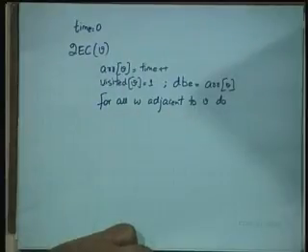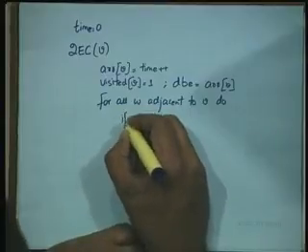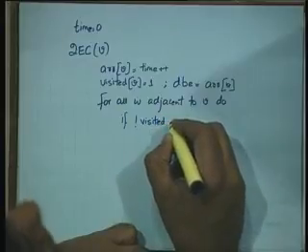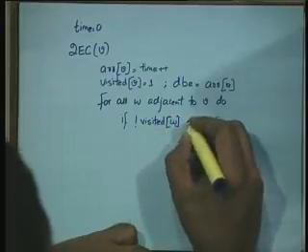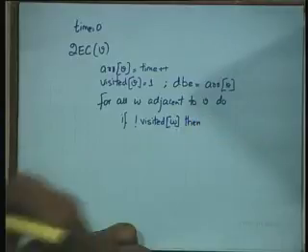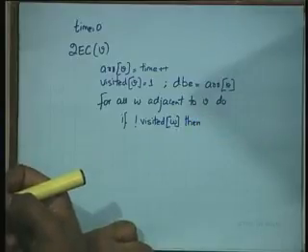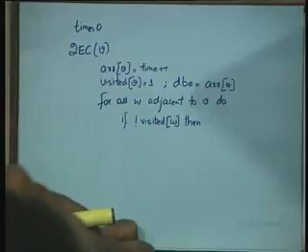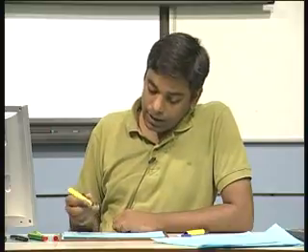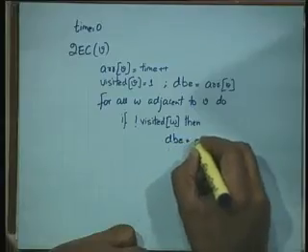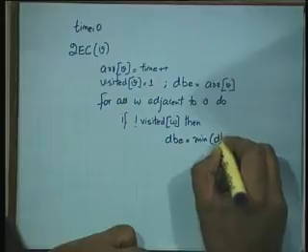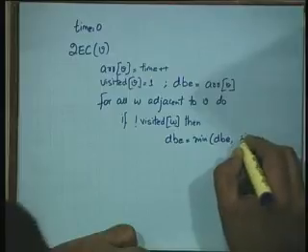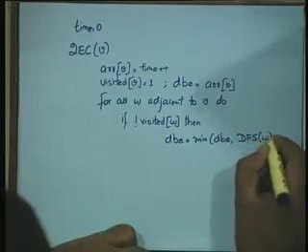For all w adjacent to v, do: if not visited w, then DBE equals minimum of DBE, comma, 2EC of W.